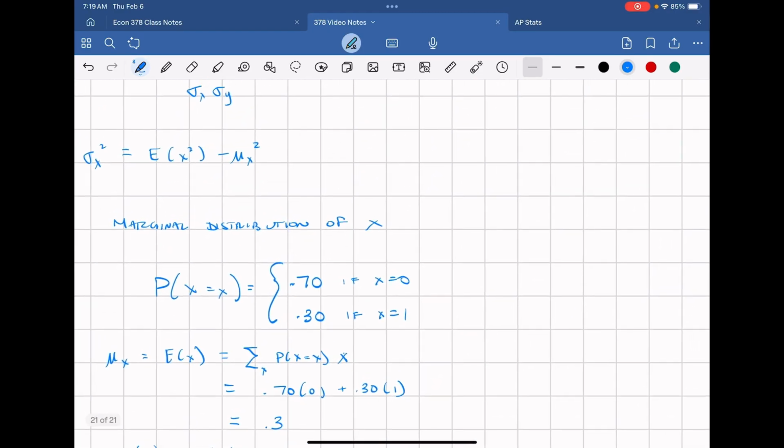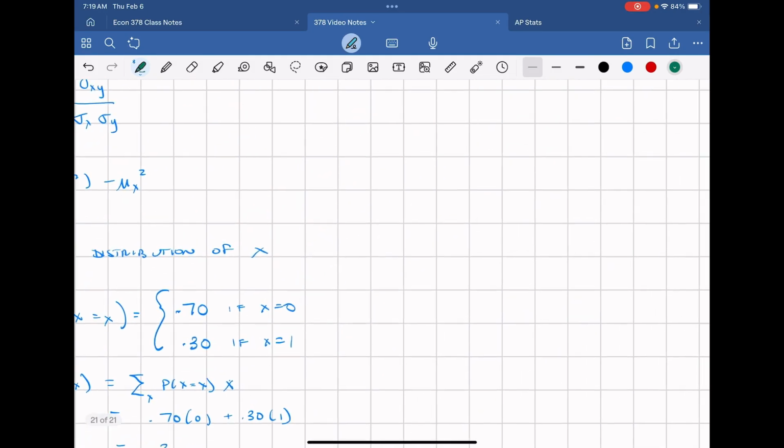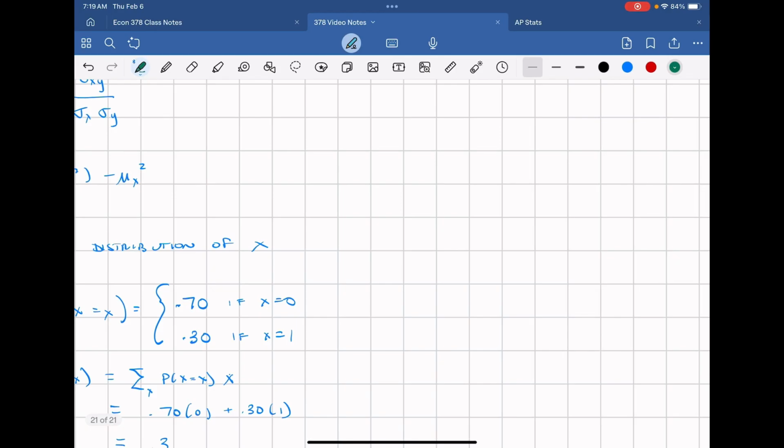So we did that for x. Now we need to return the favor and go for y. Finding the marginal distribution of y, the probability that Y is equal to y is 0.70, 0.20, and 0.10. So I can write out the marginal distribution of y, and follow the exact same steps we did before.